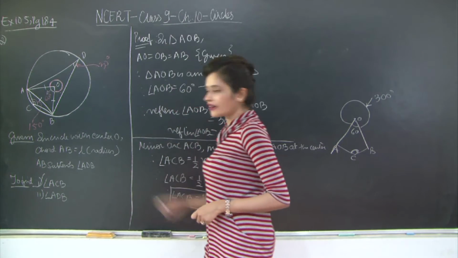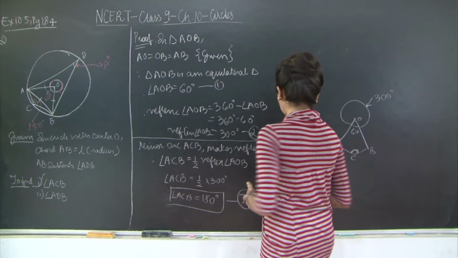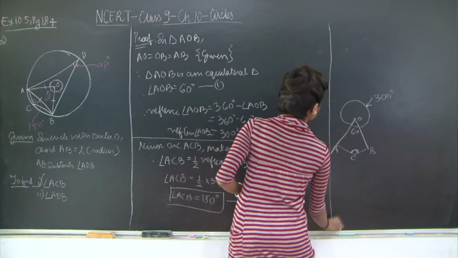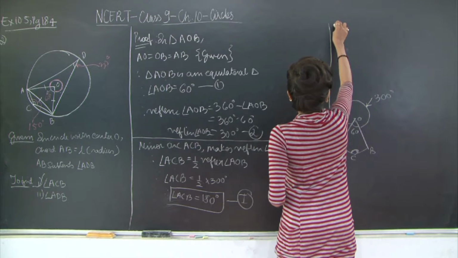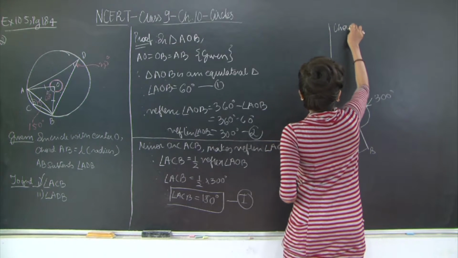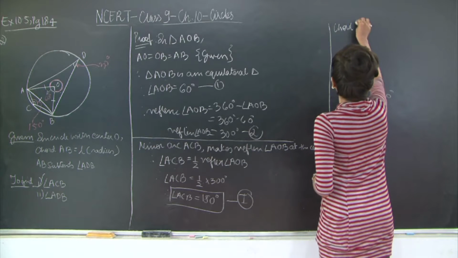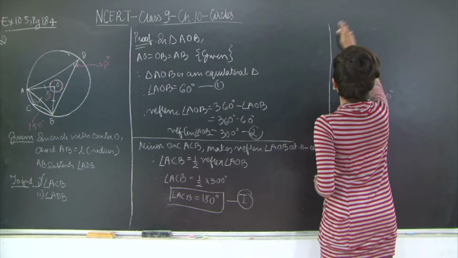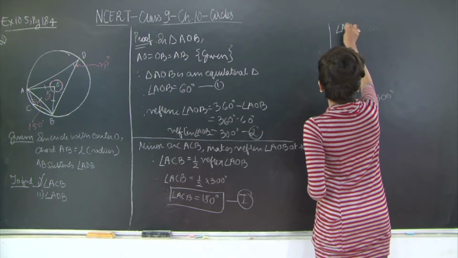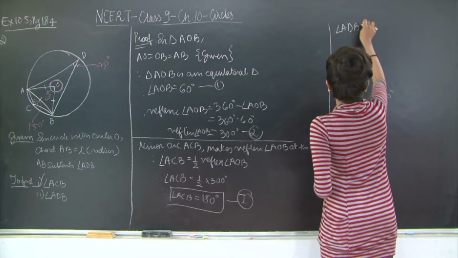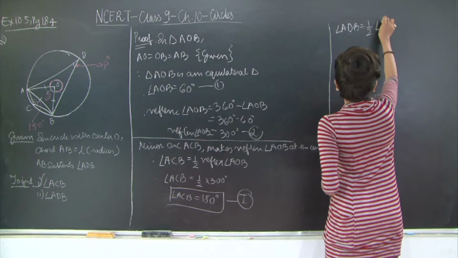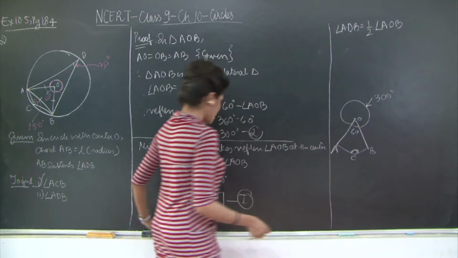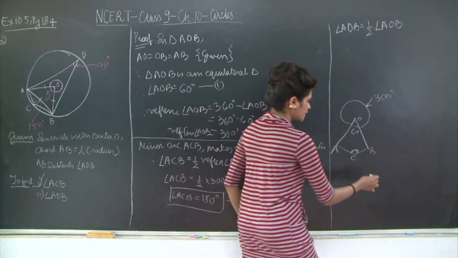Now let's go ahead and find the measure of angle ADB. So chord AB subtends, or we'll rather write it directly, angle ADB is equal to half angle AOB. So I'm erasing this one, and now I will explain it here only.